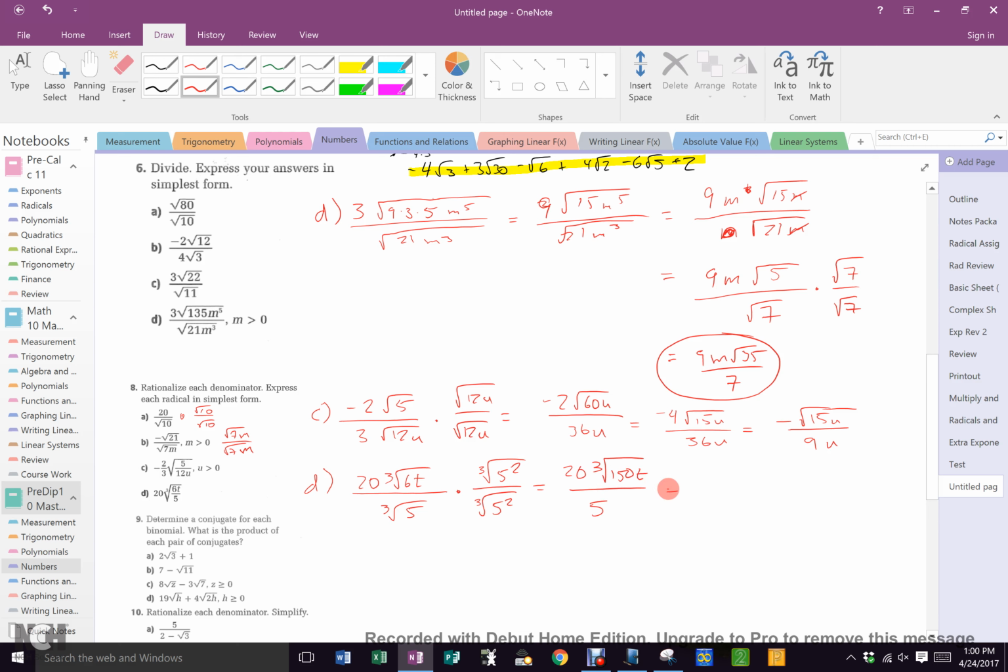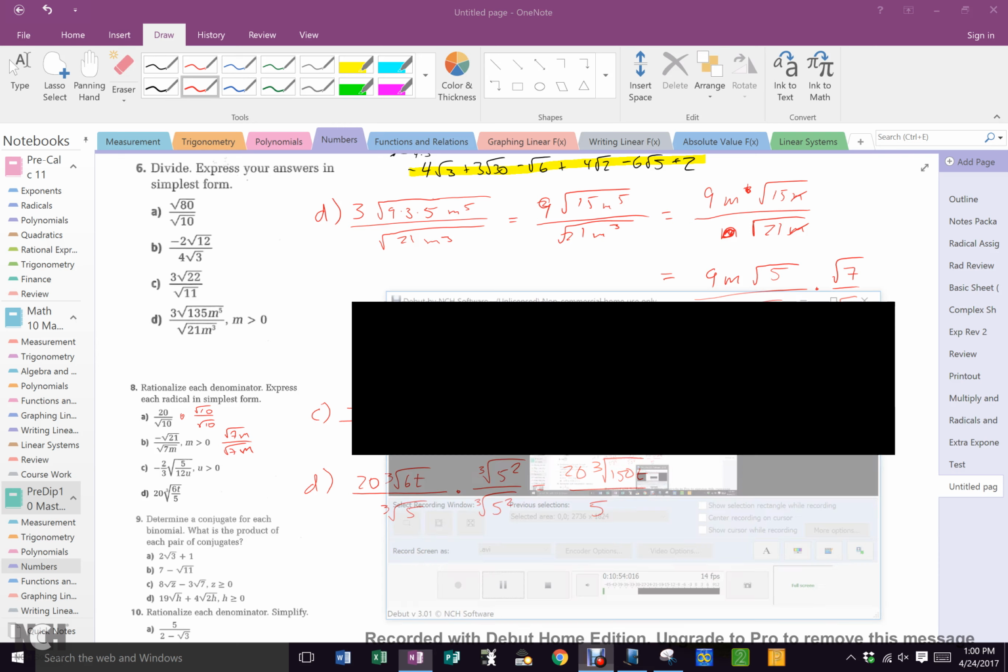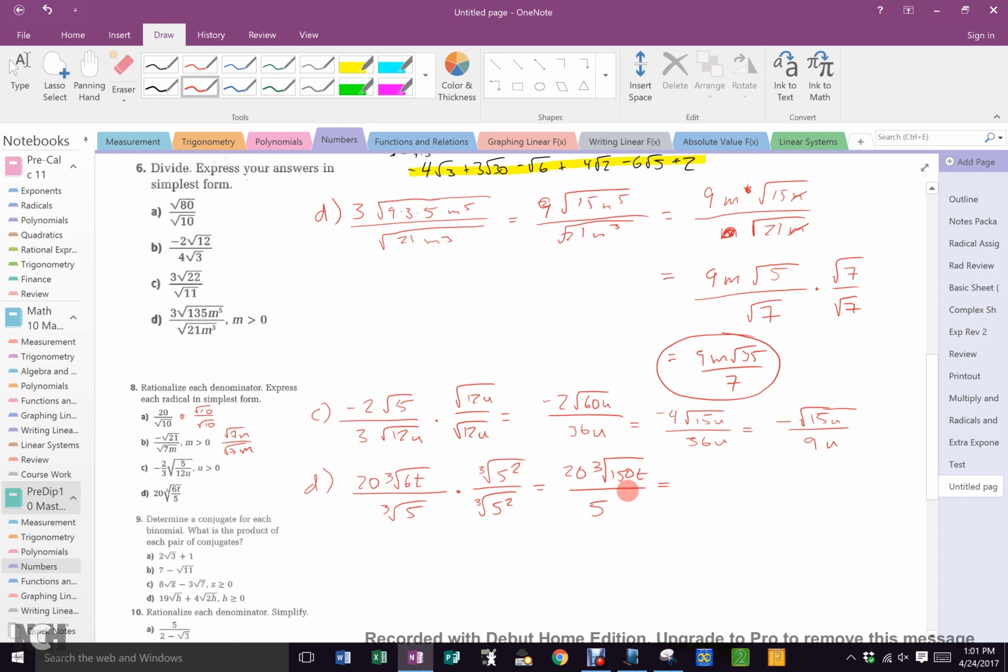And then I got to simplify 150, which is 5 times 5 times 2 times 3, so it's done. It's not quite done, of course, because it's 4 cube root 150t, because 20 and 5.